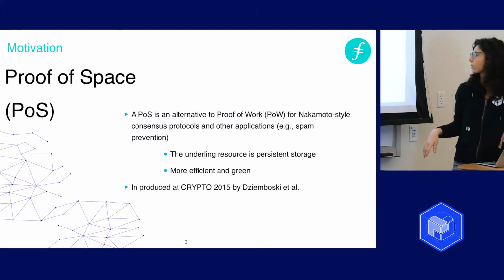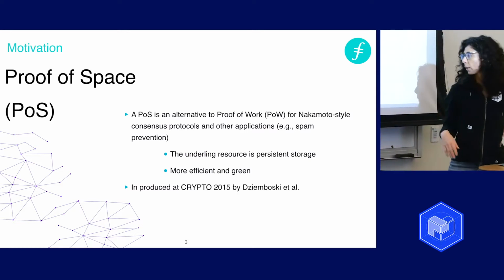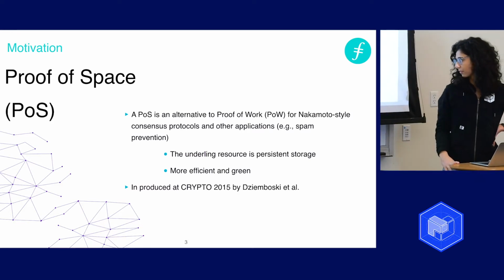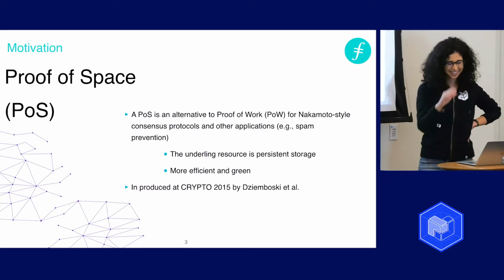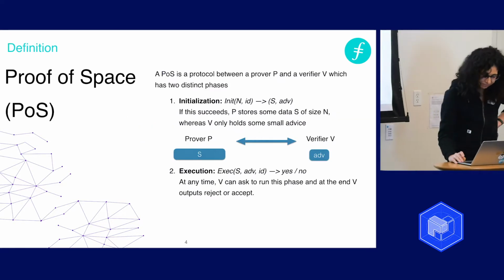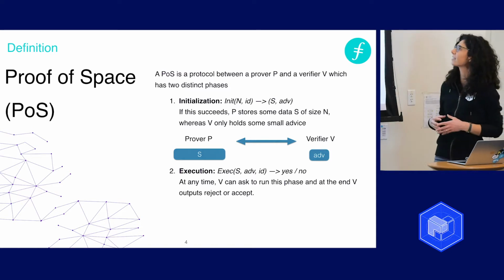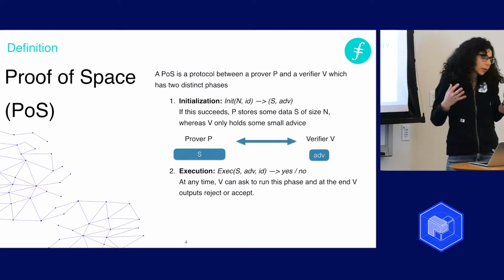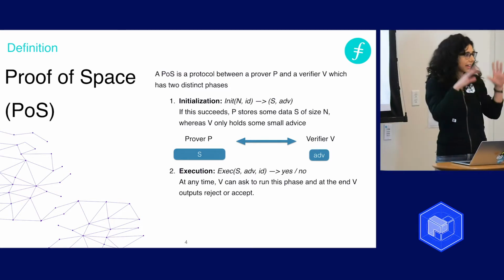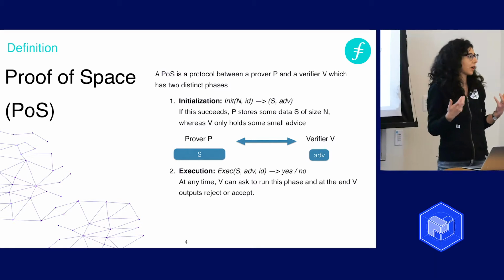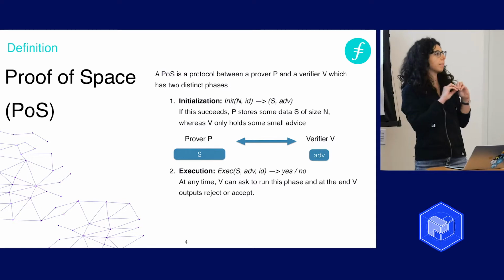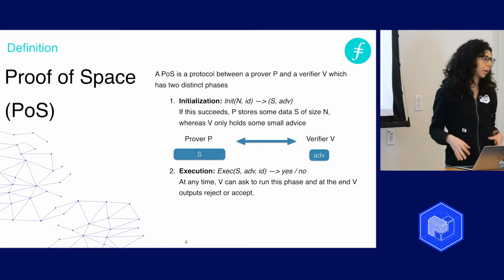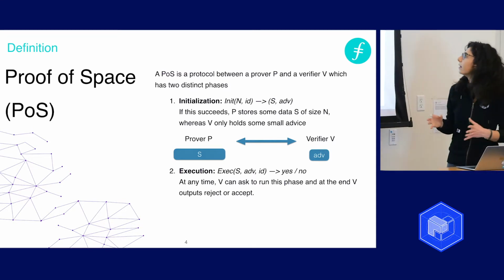It was introduced quite recently at Crypto 2015 by Stefan and others. Basically, it's a protocol between a prover and a verifier. The high-level goal is that the verifier wants to check the statement that the prover says: I'm filling my machine with some space.